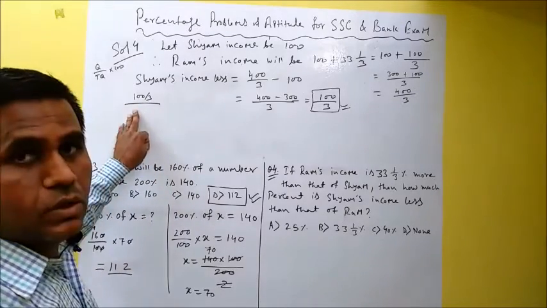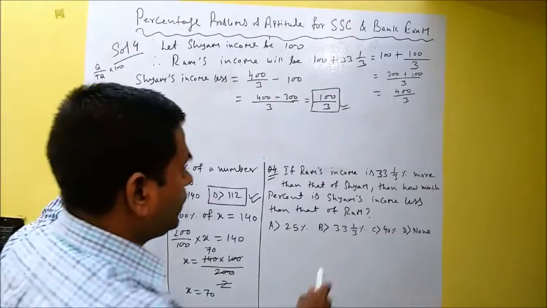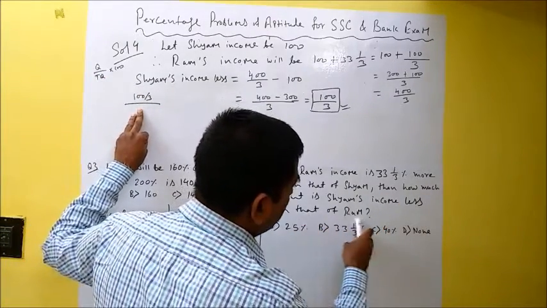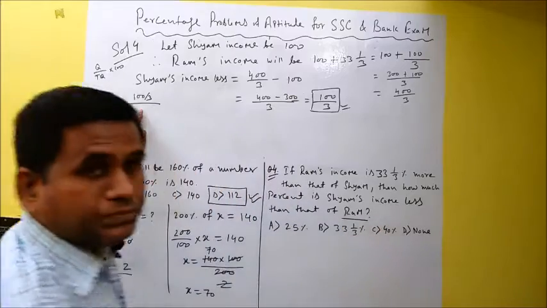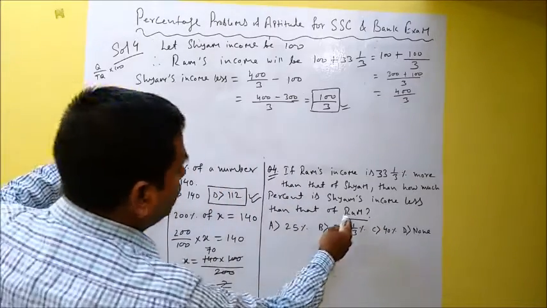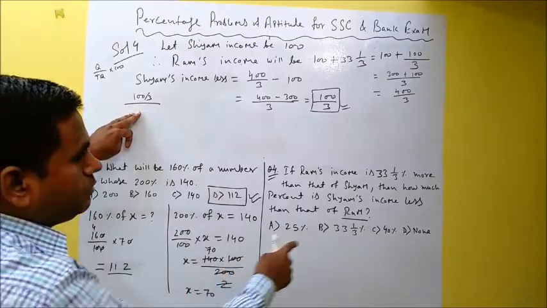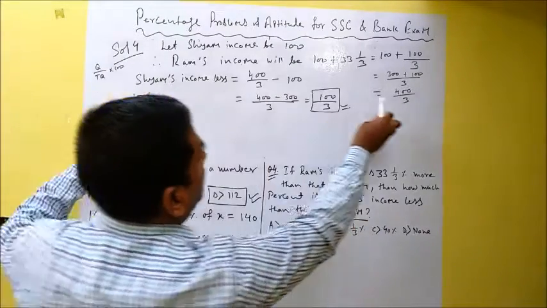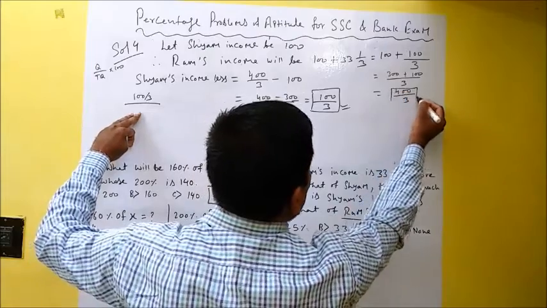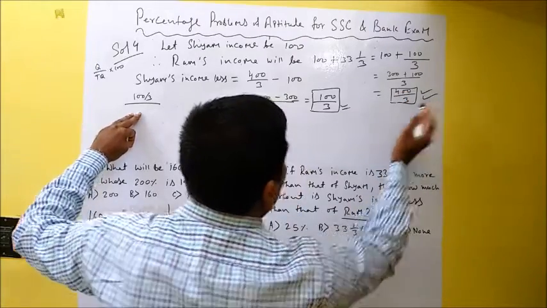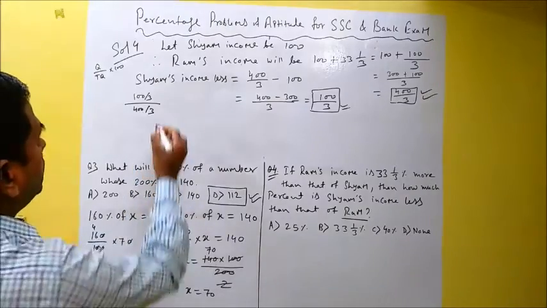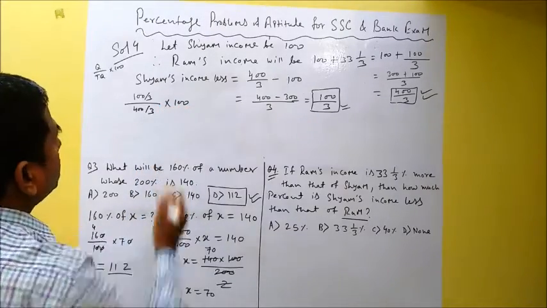What is the total quantity? How much percent is Shyam's income less than that of Ram? This is the basis. So Ram's income will be the total quantity because it says less than that of Ram. Ram's income we have calculated already, so 400 by 3 multiplied with 100.